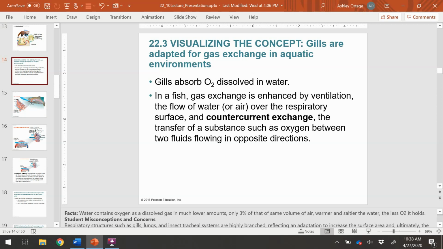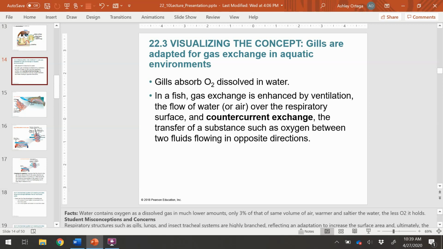All right, and so we'll look a little bit more at gills and how they're adapted for gas exchange in an aquatic environment. So gills are responsible for absorbing oxygen that's dissolved in water. And so that is a challenge, as there's a lot less oxygen in water than there is in the atmospheric environment. There's a lot more oxygen in the air than there is in water.